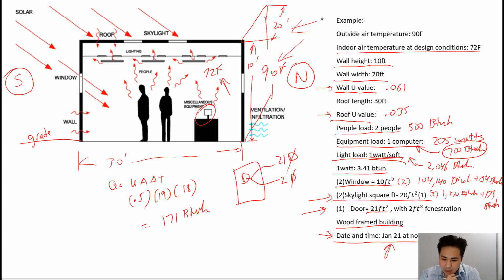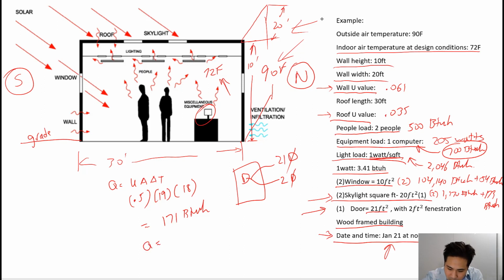Now we're going to add the radiation heat transfer as well as the conduction heat transfer through the small fenestration in the door. Okay, now we need to get the conduction heat transfer through the fenestration in the door, which is 2 square feet.